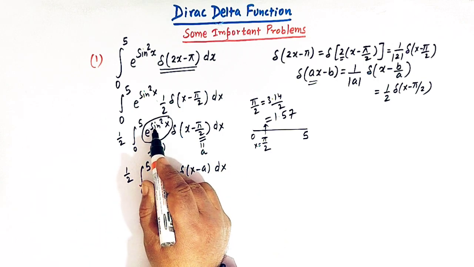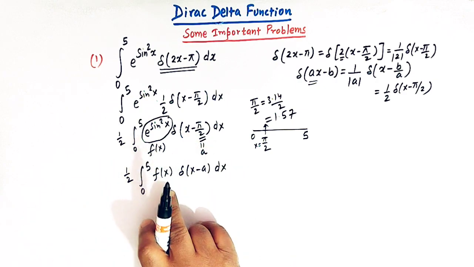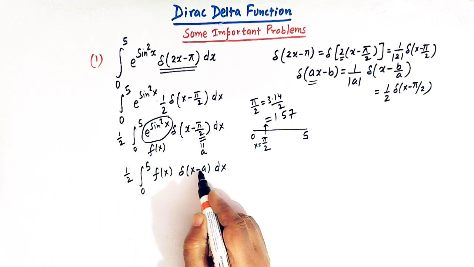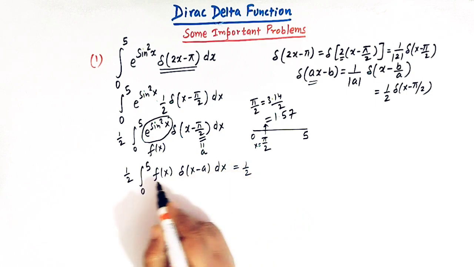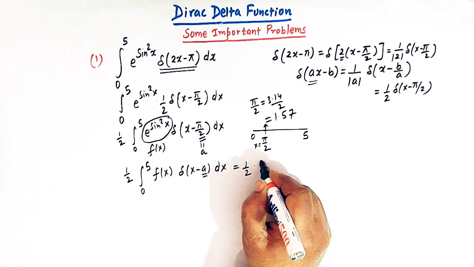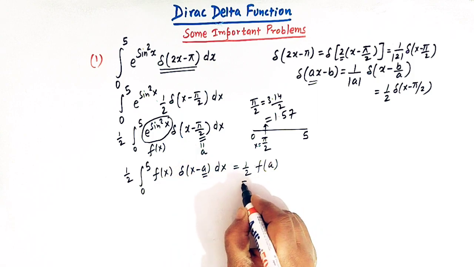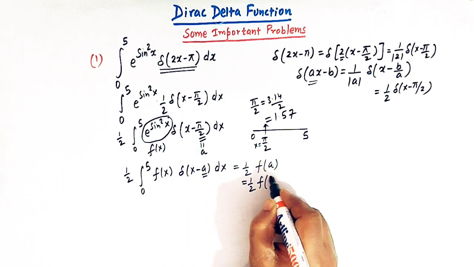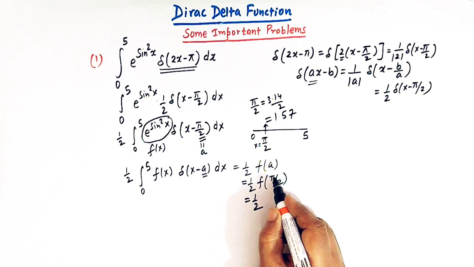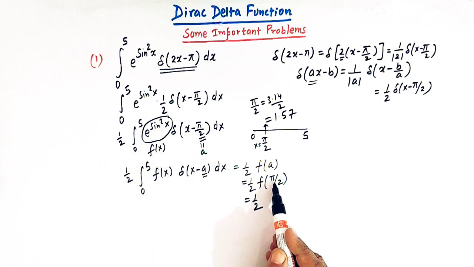So f of x is e raised to sine square x and a is pi by 2. Now according to the definition of the Dirac delta function, the value of this integral is equal to the value of this function at this point. So we have half times f of a, and a is pi by 2, so we have half times f of pi by 2, which can be calculated by taking x equal to pi by 2.